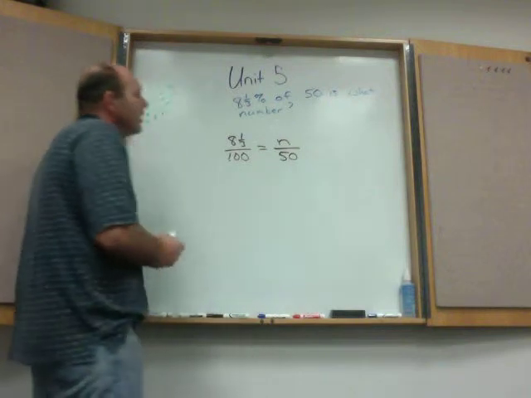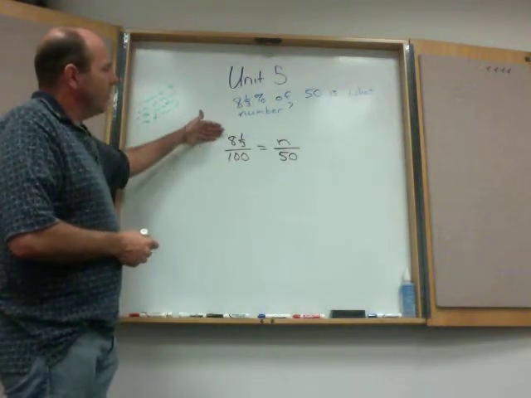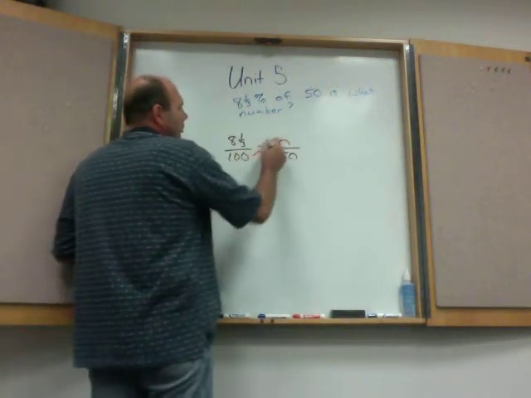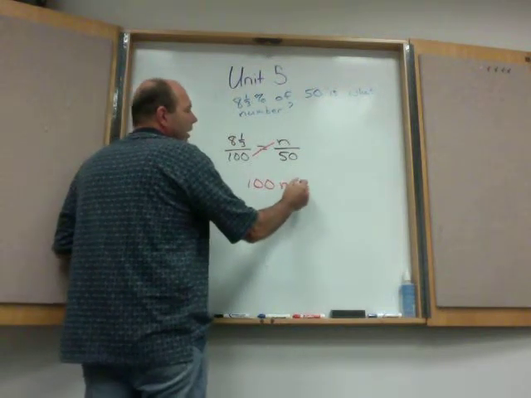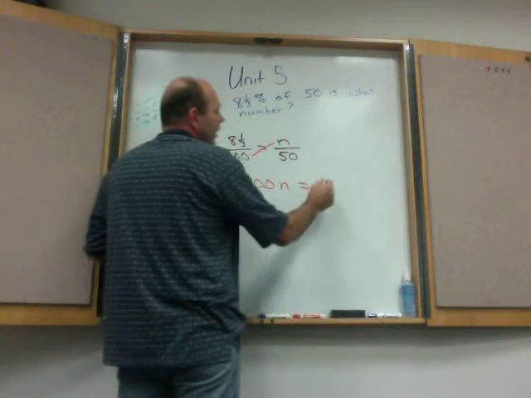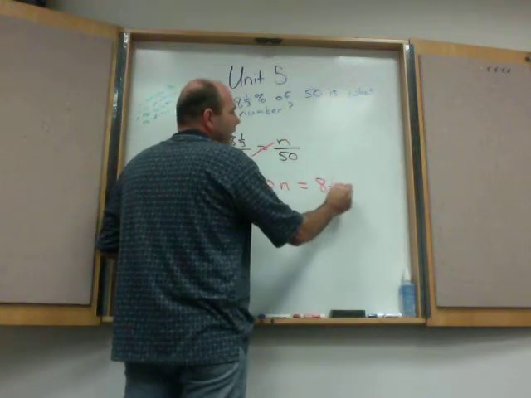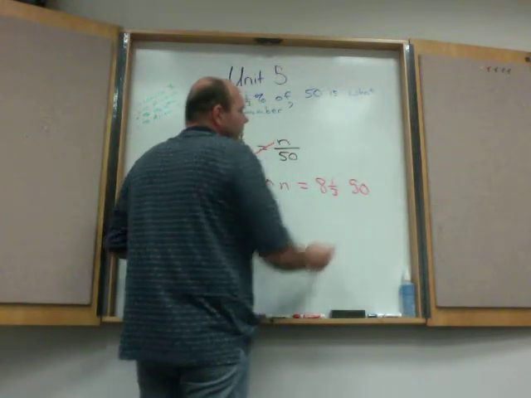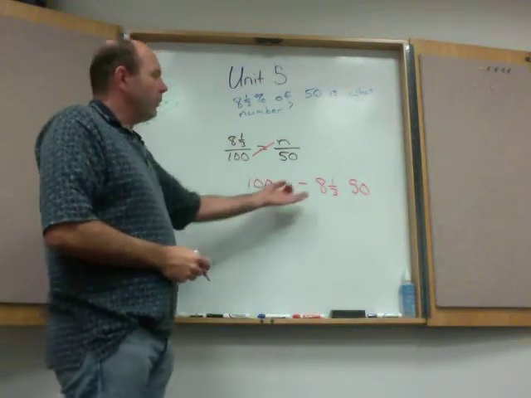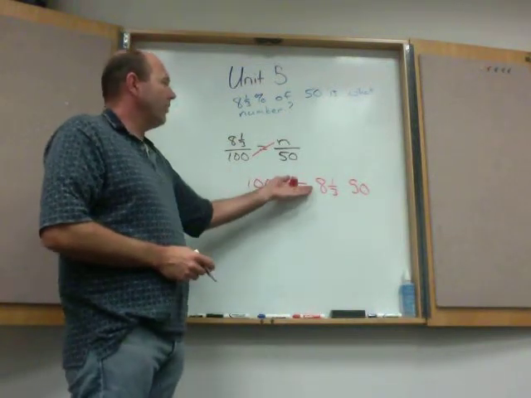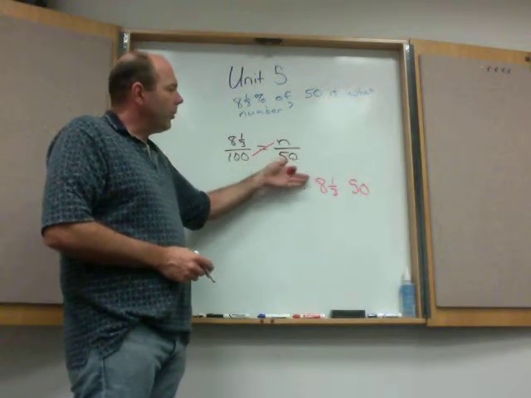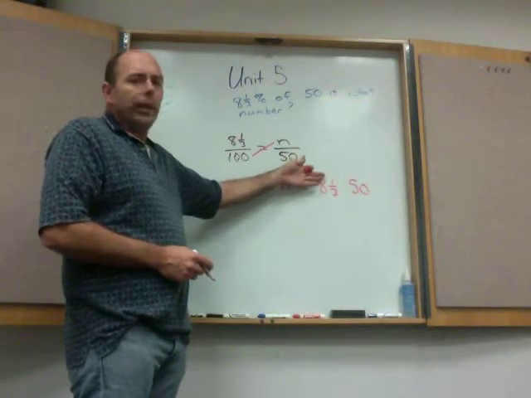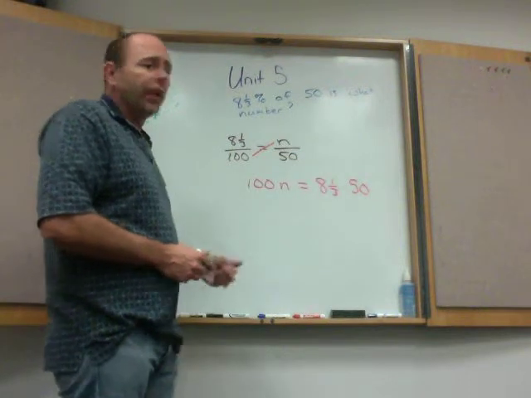Okay. So the first thing I'm going to do is just cross multiply 100 times n, which gives me 100n. Set that equal to 8 1/3 times 50. There's many different ways to do this kind of multiplication problem, and I'm going to do it the way I'm most familiar with, which is converting it to an improper fraction and multiplying fractions.